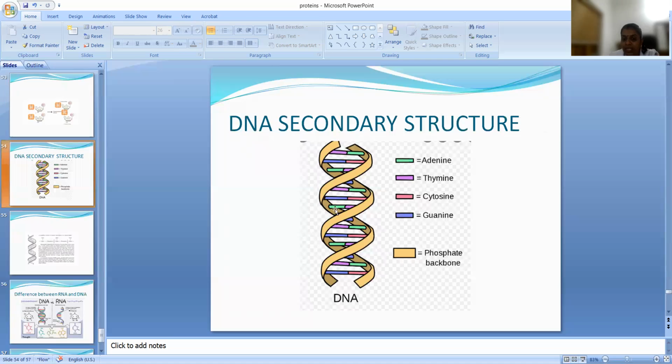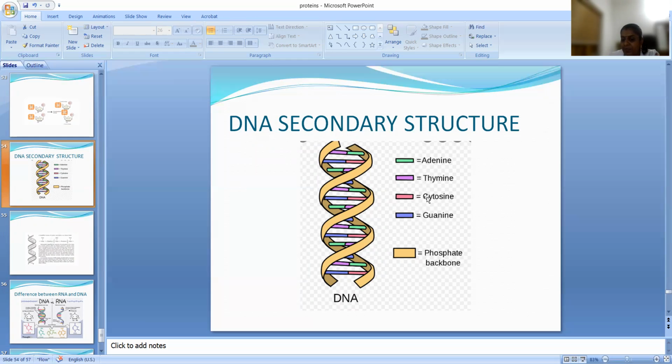When they coil together, there will be bonding between two bases. Which will bond in DNA? Adenine and thymine will bond together, and cytosine and guanine.